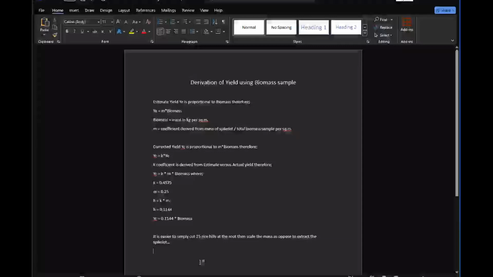So, and also this number 0.1144 is quite interesting, because that is the coefficient that actually gives you the masses of the spikelet. It's why these numbers are like this.